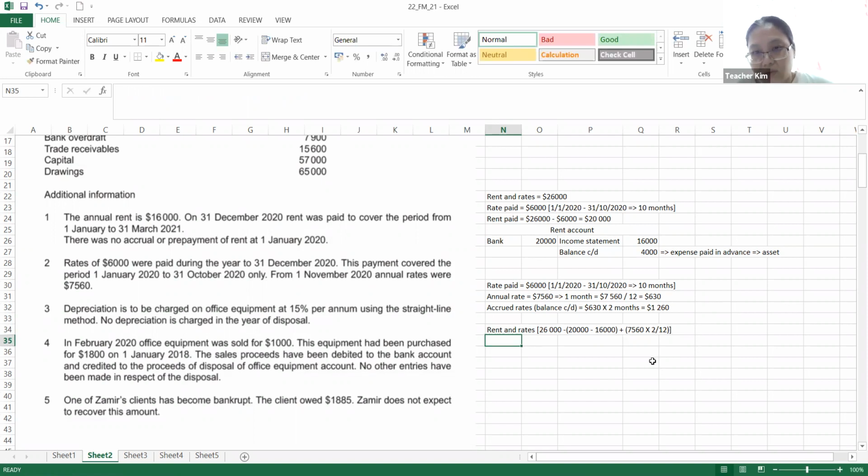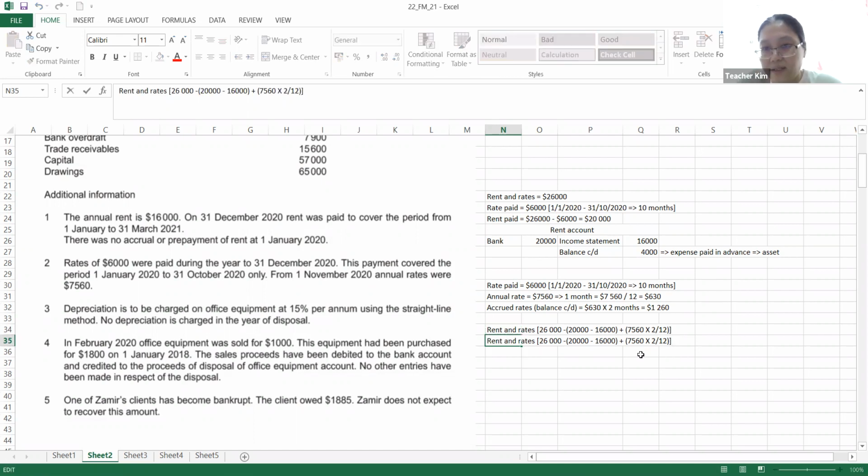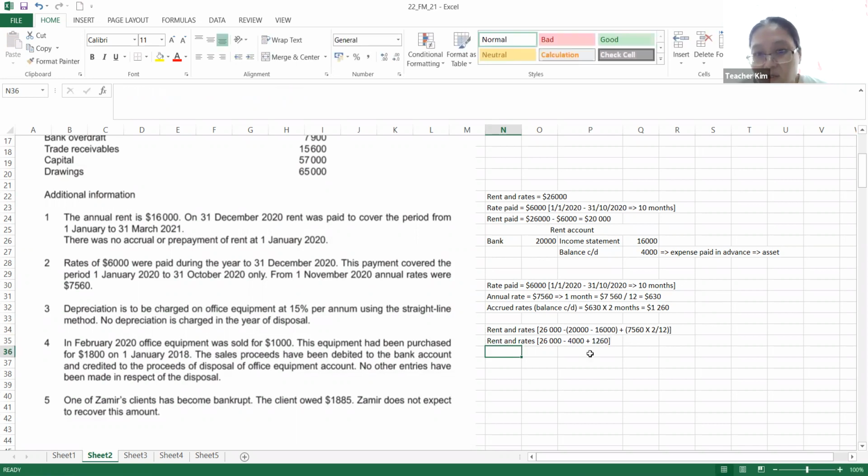Or if not, you can show your working already and then put into here minus 4,000 and then plus 1,260. This one also can be done. That means you already calculated by yourself for the working and you just put this 4,000 as negative, minus, and plus this one. So this one also can be used.